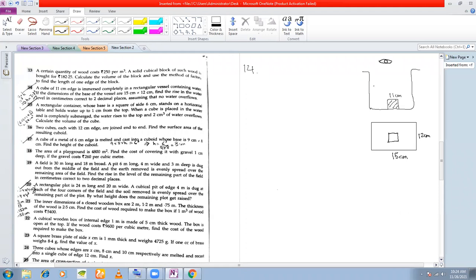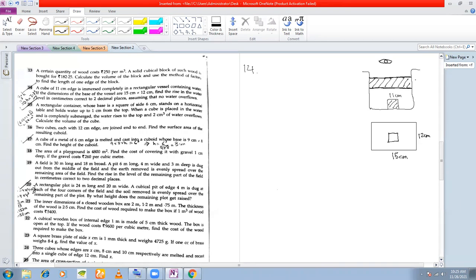Now see, suppose before inserting the cube, this was the level of water. And after insertion of the cube, say this becomes the level of water. The water rises by a certain level. So this forms the cuboid, isn't it?